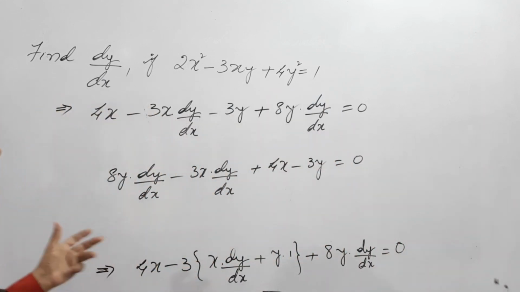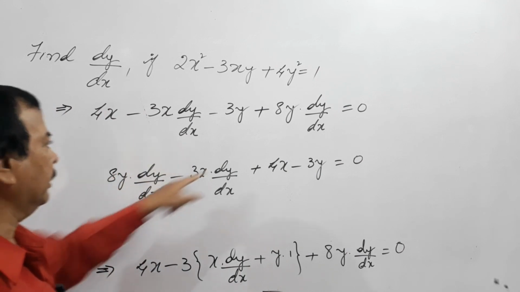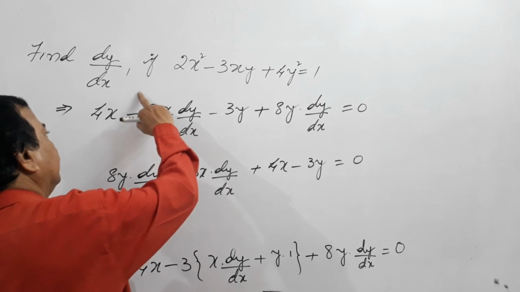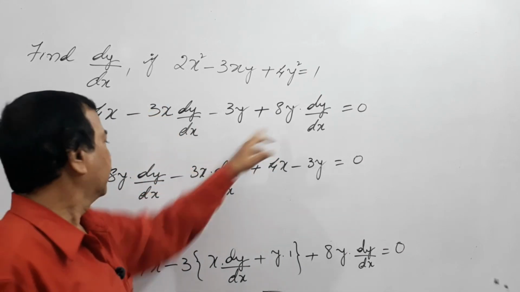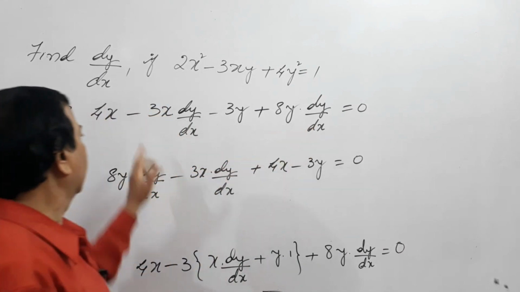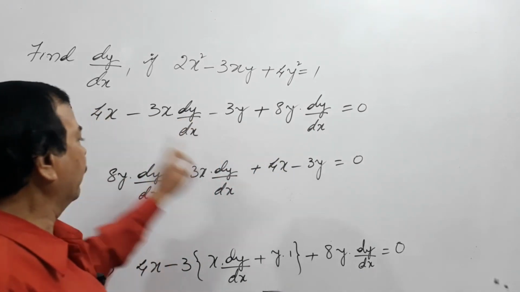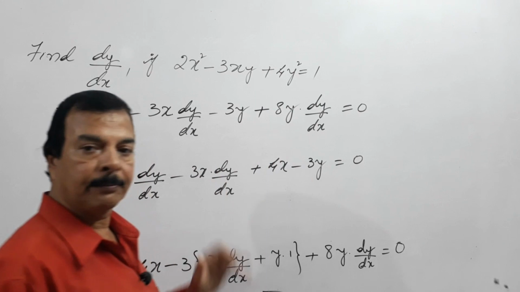What I have done, I have rearranged it. Instead of taking this first, I have taken this because I want to avoid this minus sign. So this becomes 8y into dy by dx minus 3x into dy by dx plus 4x minus 3y. Done.